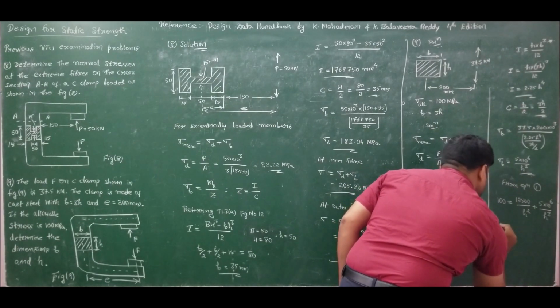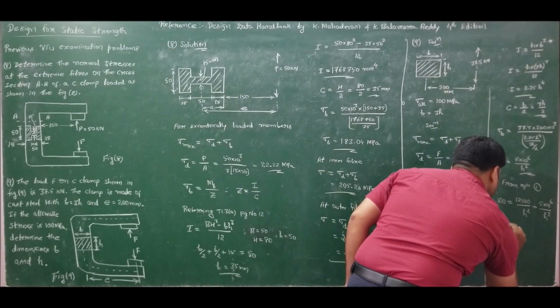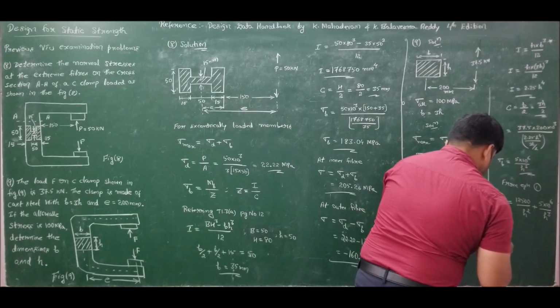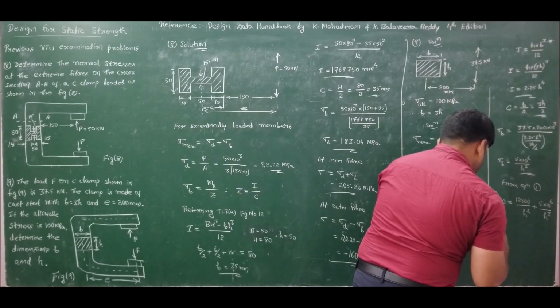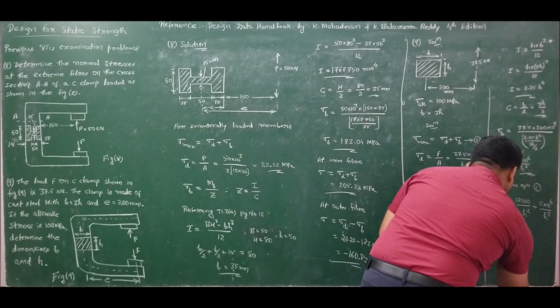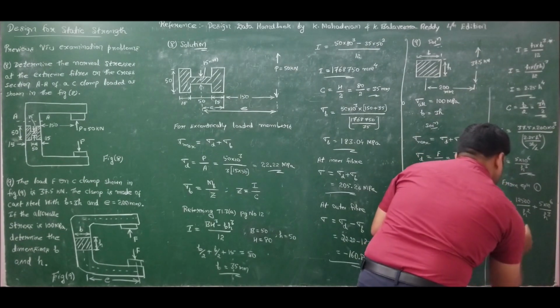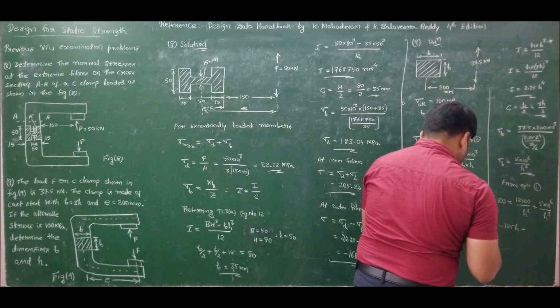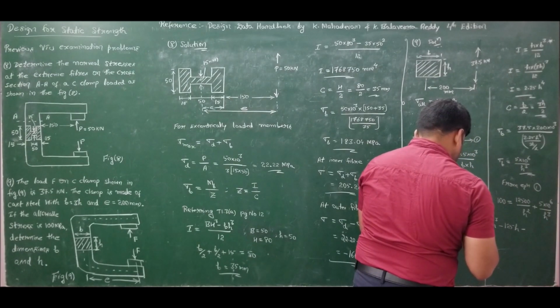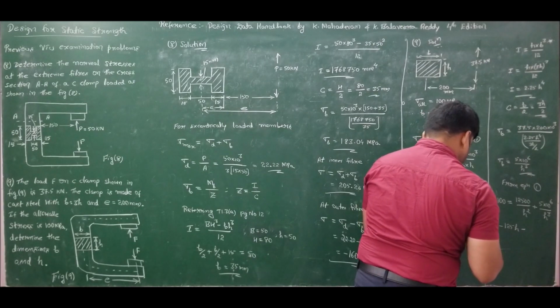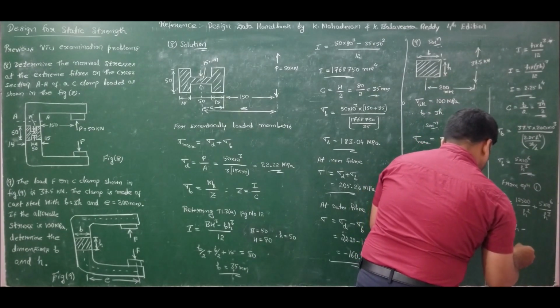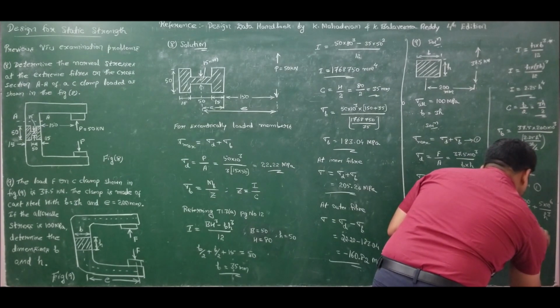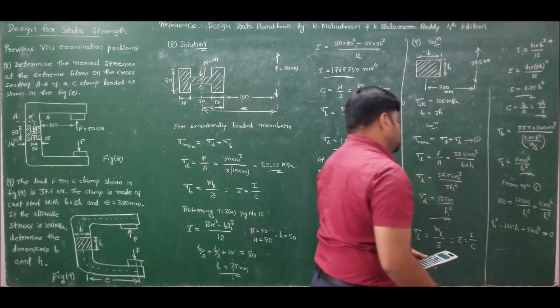I will divide by 100, so it becomes h cube minus 12,500 by 100, which is 125, h, minus, if I divide this by 100, I'll get 5 into 10 to the power of 4. This is equal to 0. So this is the equation I will get.